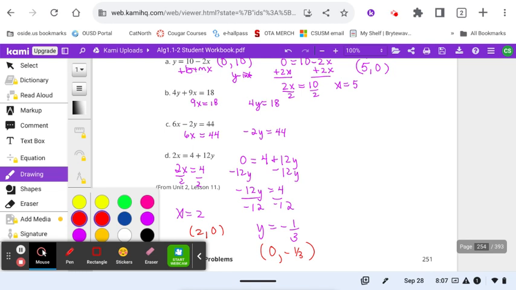Okay, what about B and C for you to check your solutions? B should be (2, 0) and (0, 4.5).